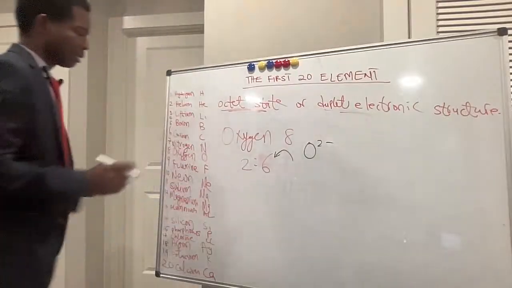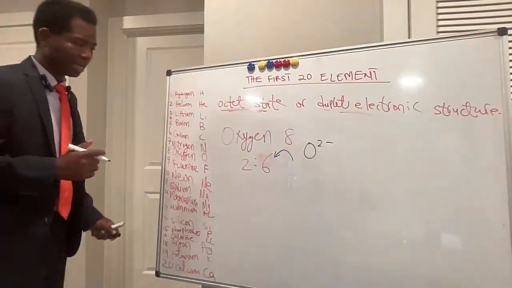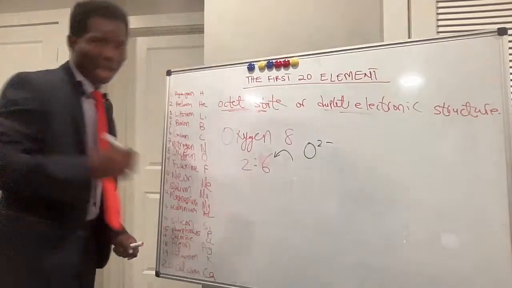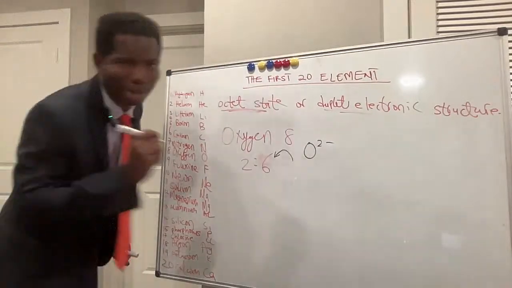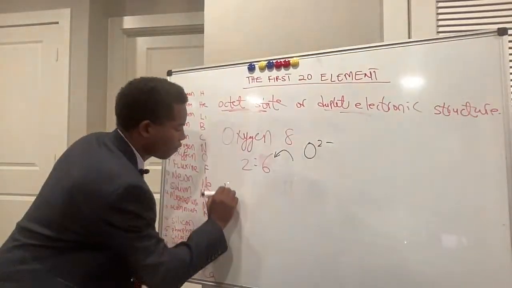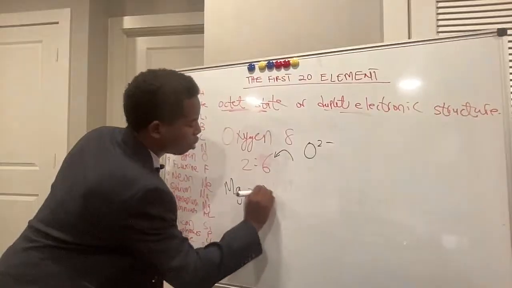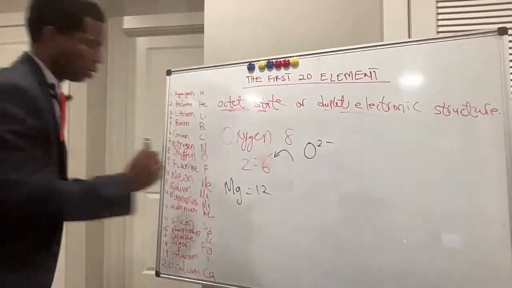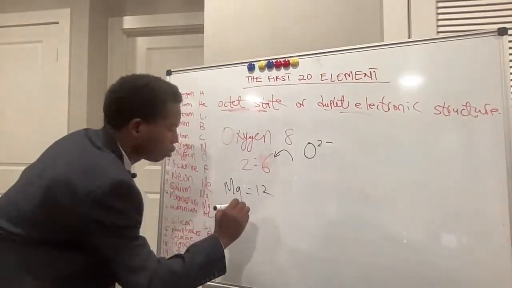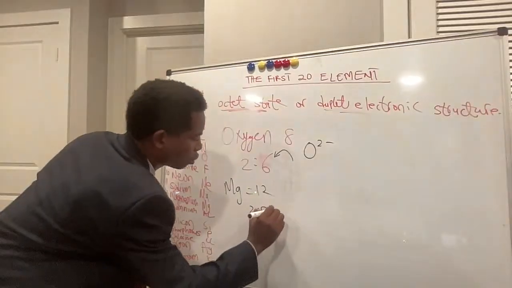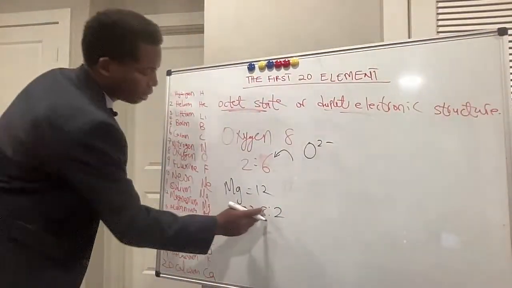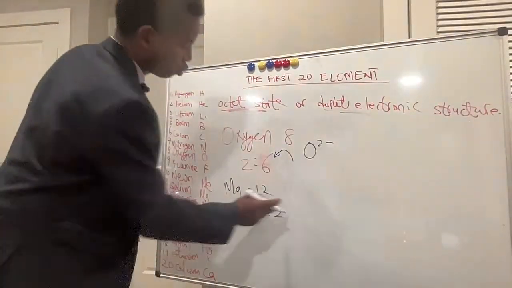Now, let's take another example. Let's take magnesium. What is the atomic number of magnesium? It is 12. So the electronic configuration will be 2.8.2. 8 plus 2 is 10, plus 2 is 12.